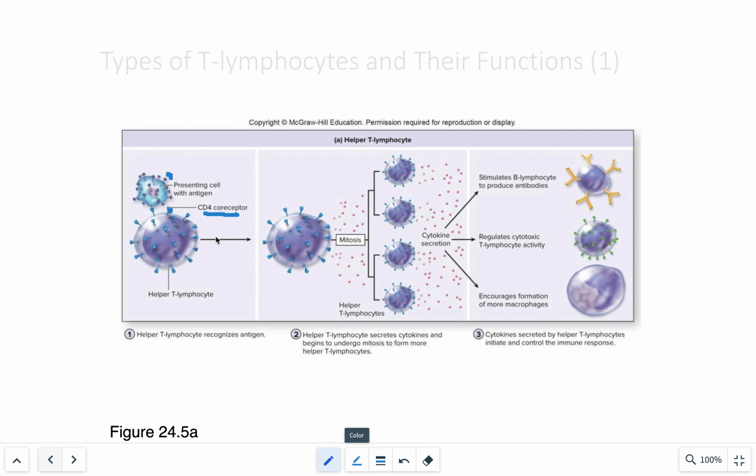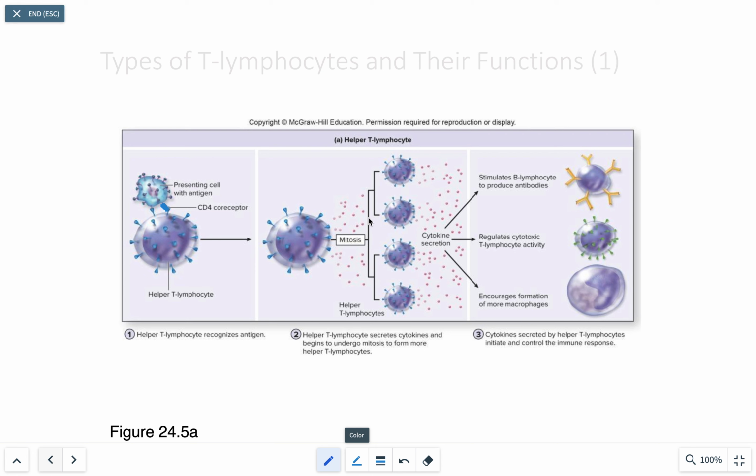The T4 cell's job is to initiate and oversee the immune response by first presenting, as the picture shows here, the antigen for other lymphocytes. So the CD4 coreceptor will connect into the antigen of the foreign body for presentation to other lymphocytes.